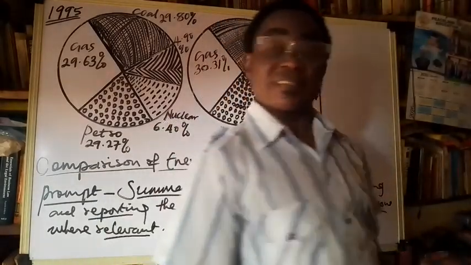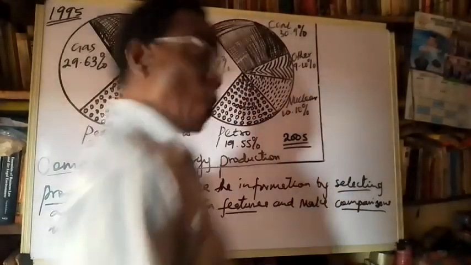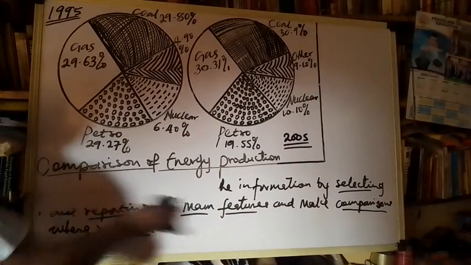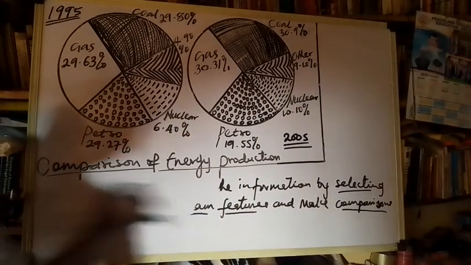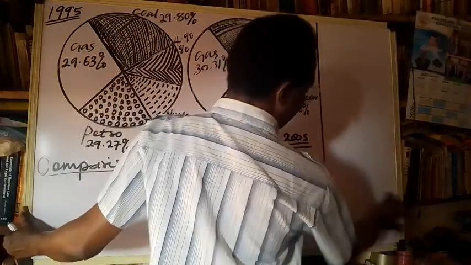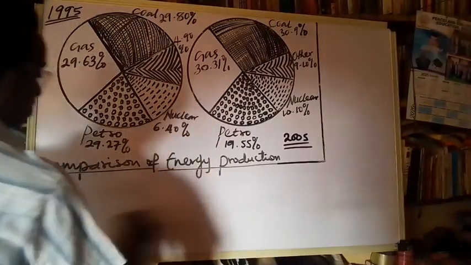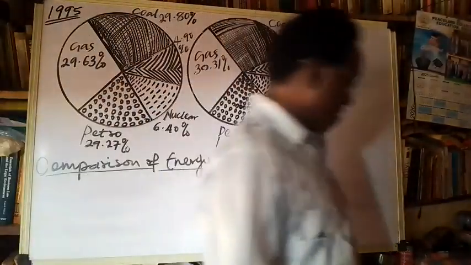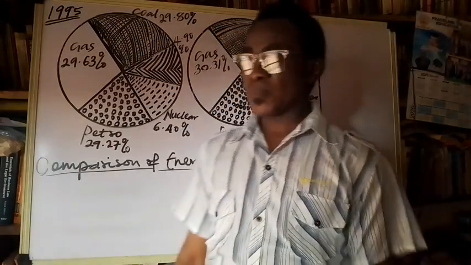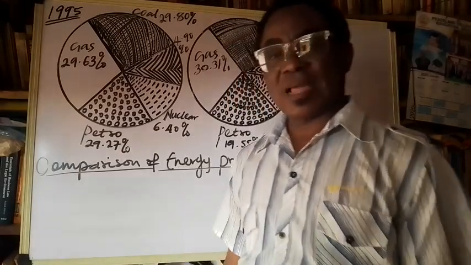Equipped with this information, we are now in a position to start our written report or our written analysis. The first paragraph we will call the intro. What does it look like?